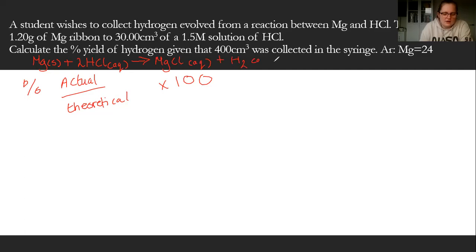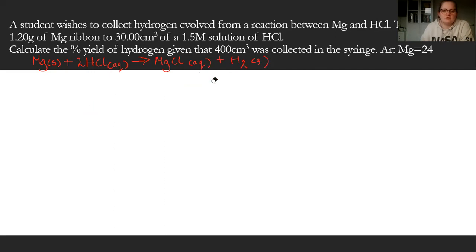What we need to do first is work out our theoretical yield, since we've collected 400 cubic centimeters in the syringe. So let's delete our equation for the moment and we'll come back to that.